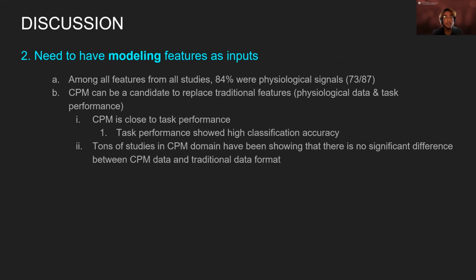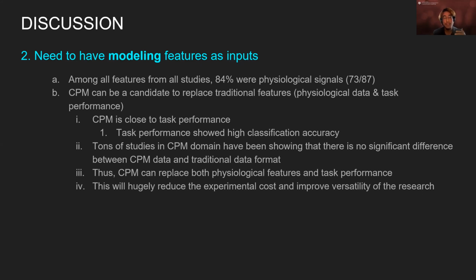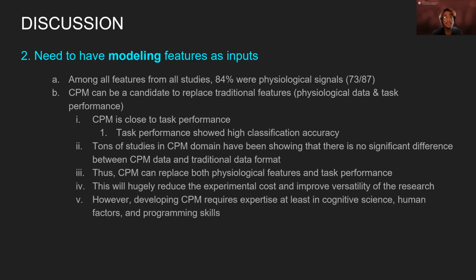Because CPM is very close to the task performance, and there are tons of studies that show that modeling outcome can be very similar to the pattern of this physiological data. So CPM can be a good substitute, and this can hugely reduce the experimental cost and improve the versatility of the research.